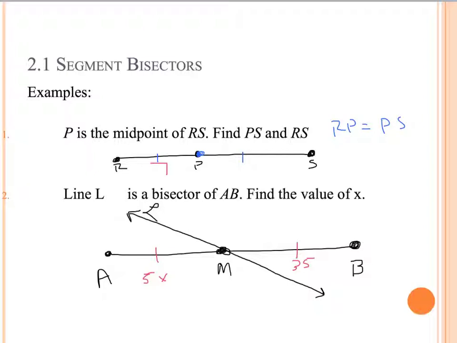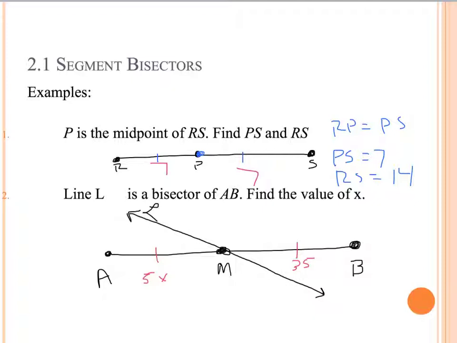So if I know that RP is 7, I know that PS is going to be also 7 because of P being the midpoint. Now, if RP is 7 and PS is 7, remember that segment addition postulate. I can just add these two together, 7 plus 7, to get RS of 14.